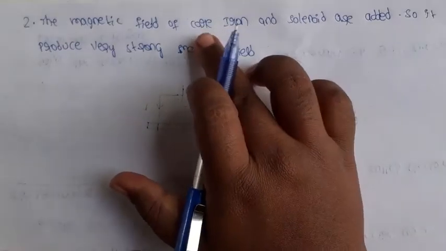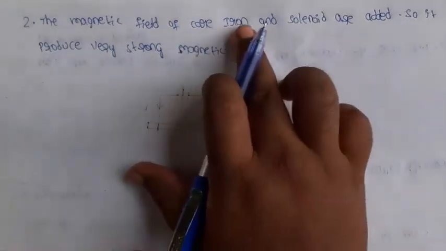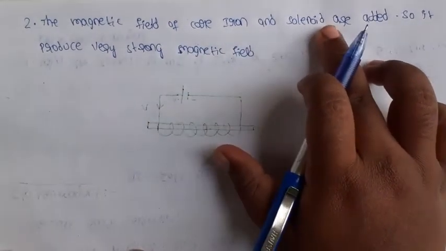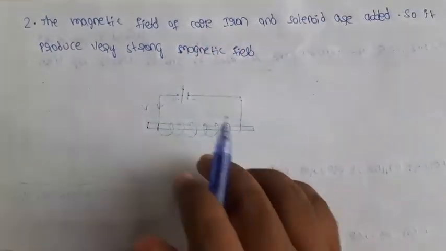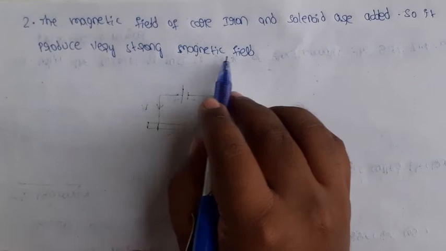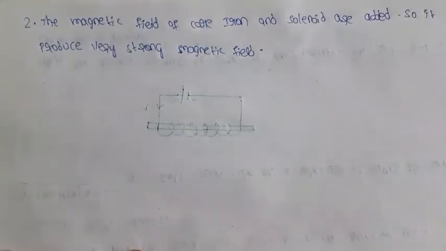Because here core iron has some magnetic field, solenoid has also some magnetic field. These two are combined to form a strong magnetic field.